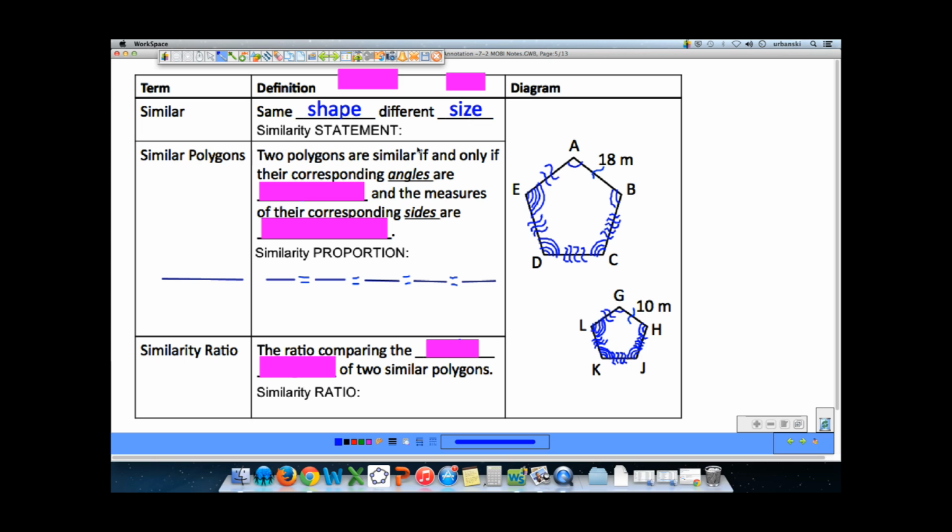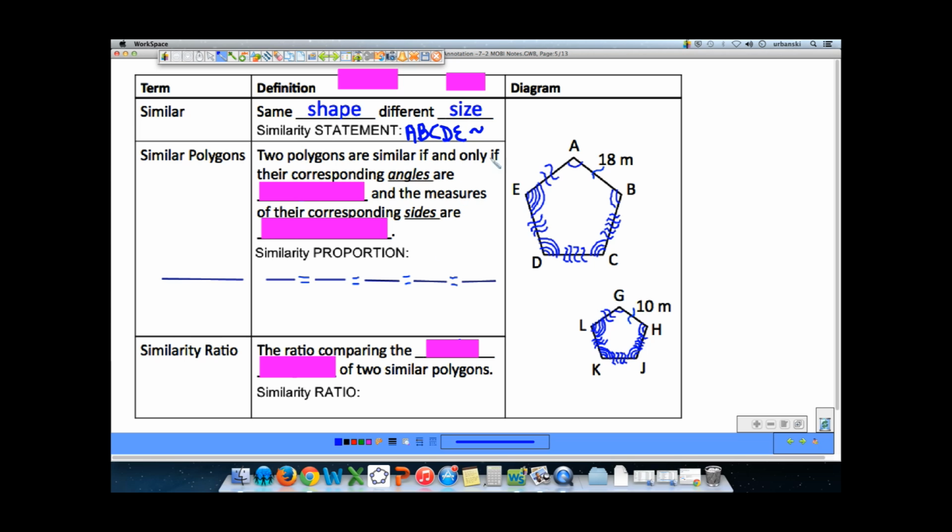So what you do to make a statement is you just line up the vertices. A, B, C, D, E, is similar to, don't use the congruent sign, use the similar sign here, this polygon.